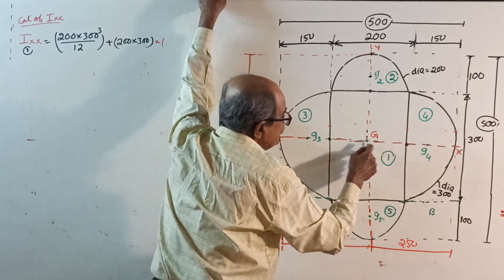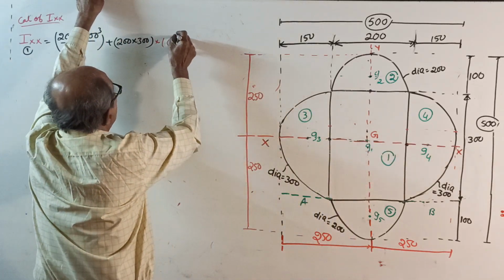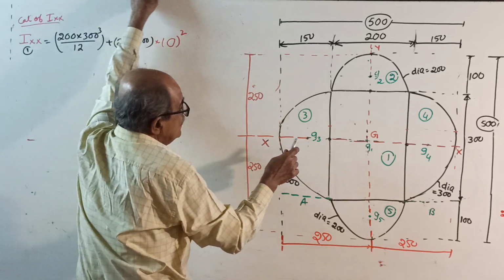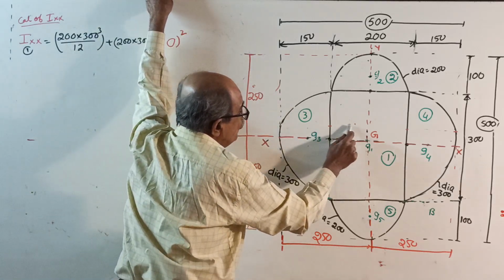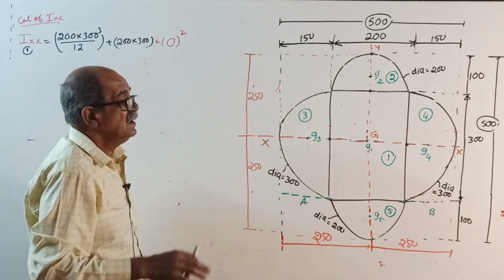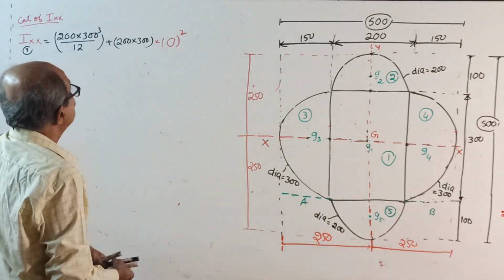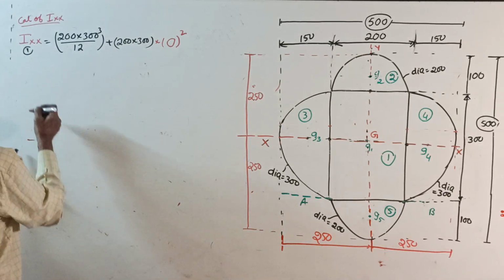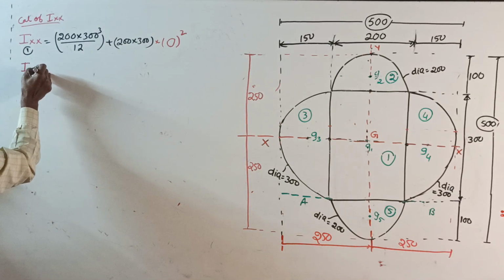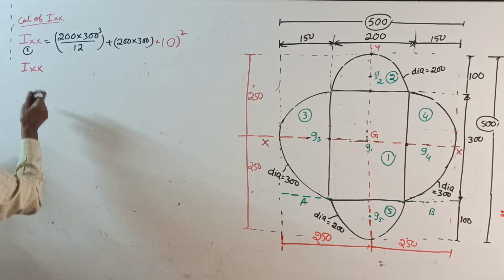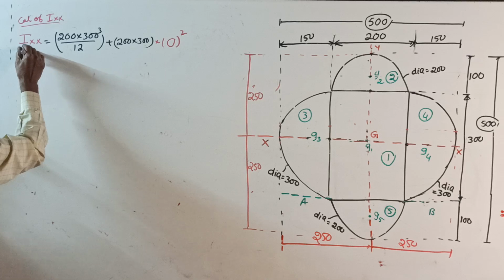G1 lies on XX, therefore 0 square. The last time your axis was somewhere here, so some distance square was there. Now 0 square. Okay, IXX for 1 is over. Next, IXX for 2.